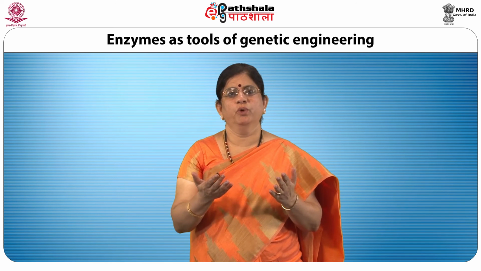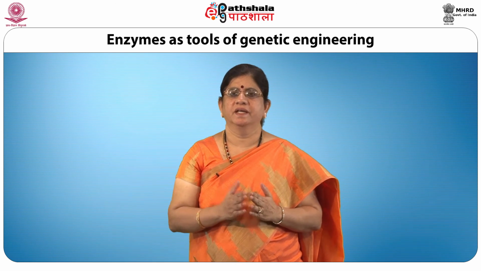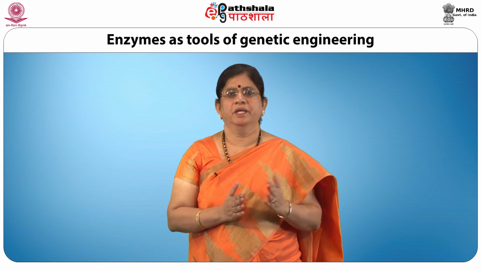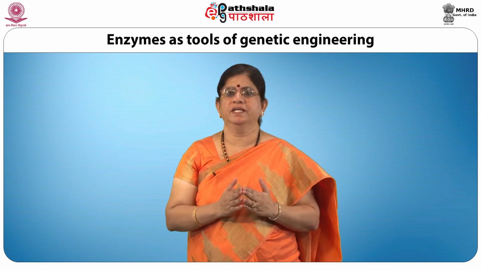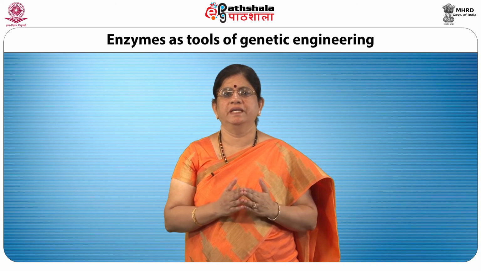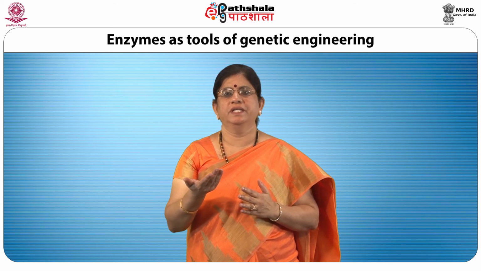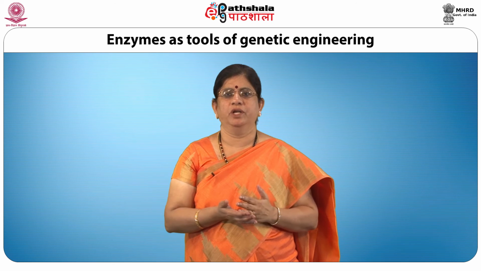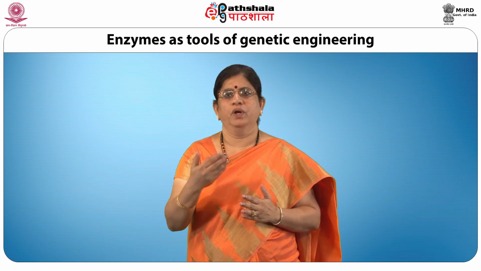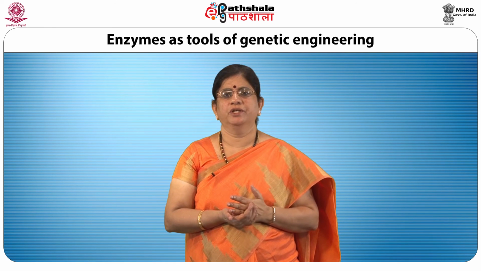What is homopolymer tailing? The complementary DNA strands can be joined together by a process called annealing. This principle is utilized in homopolymer tailing. The technique involves the addition of oligo-dA to the 3' ends of some DNA molecules and the addition of oligo-dT to the 3' ends of other molecules.